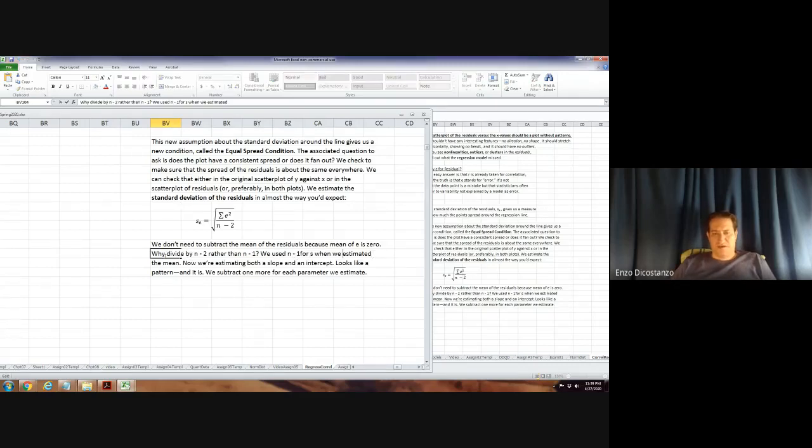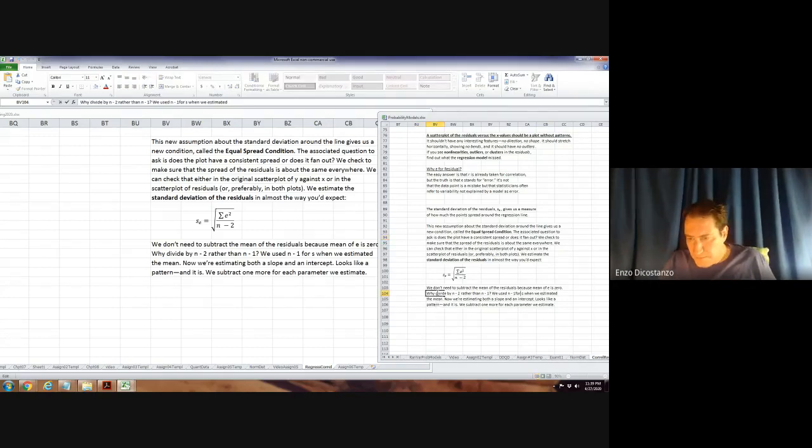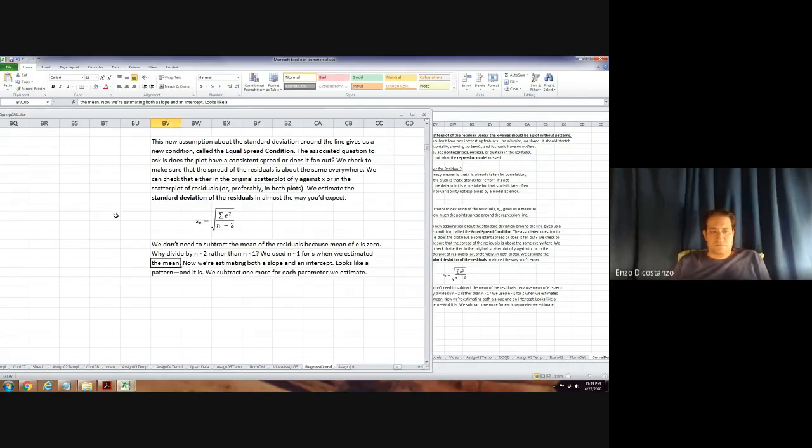There's a slope and an intercept, which is really why we do that.